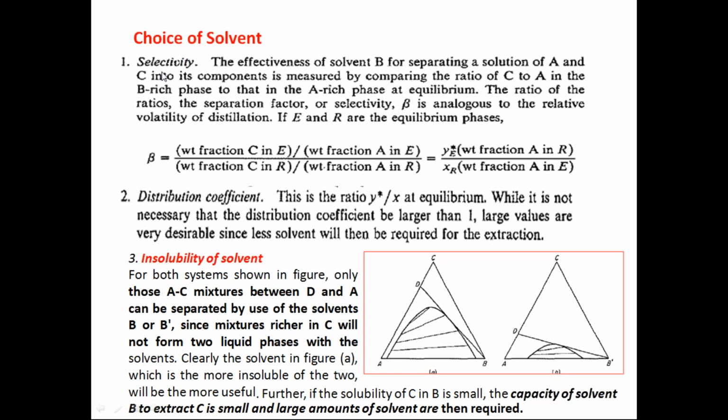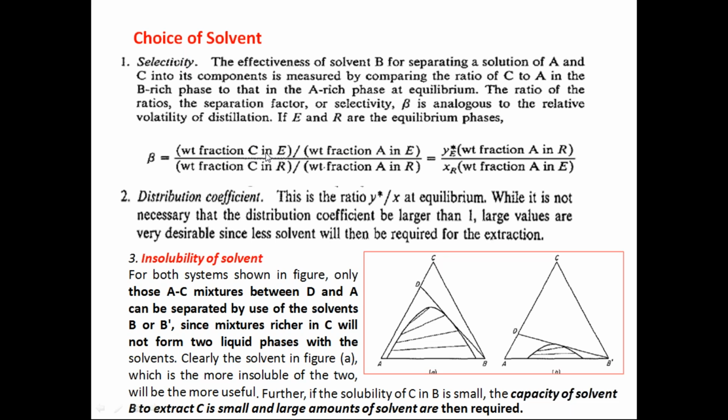So you can estimate the selectivity by using this equation. What is this? Weight fraction of C in E, E meaning extract, divided by weight fraction of A in extract. A is what? Feed solvent. For example, if you have water, acetic acid and chloroform, then E is chloroform, A is water, C is acetic acid.